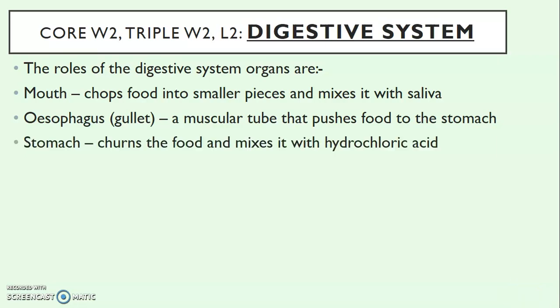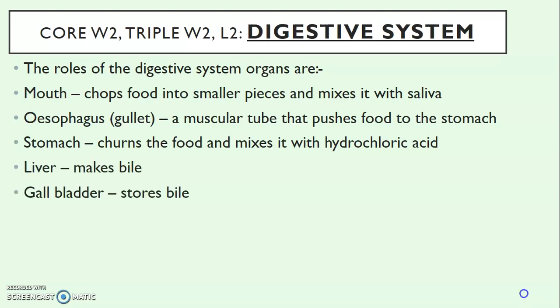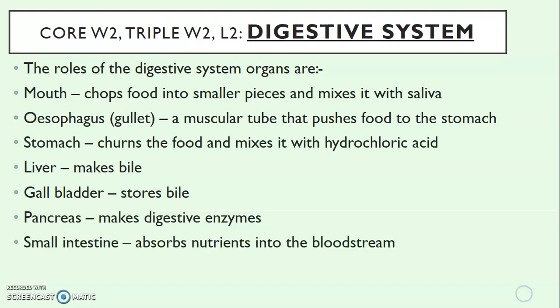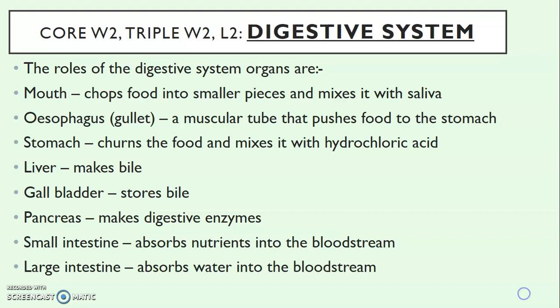The stomach churns the food and mixes it with hydrochloric acid. The liver makes bile. Gallbladder stores bile. Pancreas makes digestive enzymes. Small intestine absorbs nutrients into the bloodstream. And the large intestine absorbs water into the bloodstream.